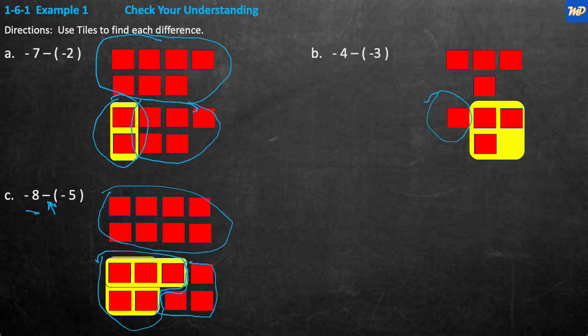So -8 minus -5 is 3 negative tiles, so -3 is the answer. Going back to A, the answer would be -5. For B, the answer would be -1. And for C, the answer would be -3.